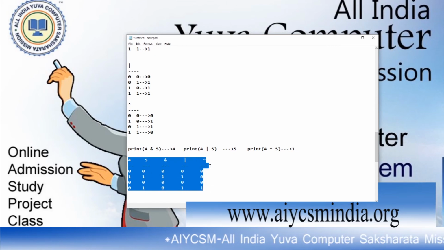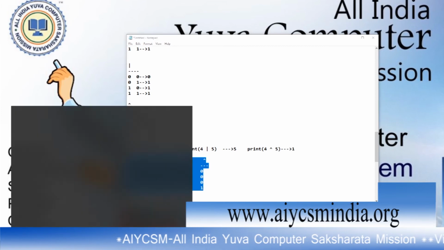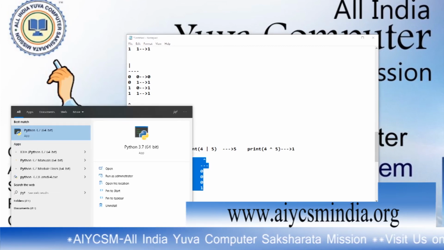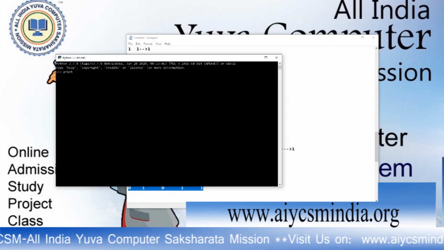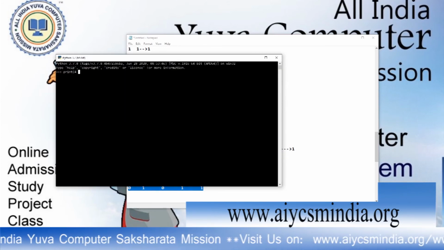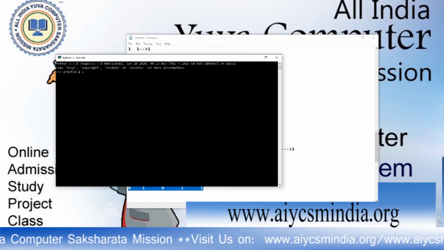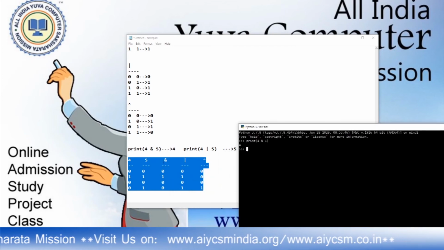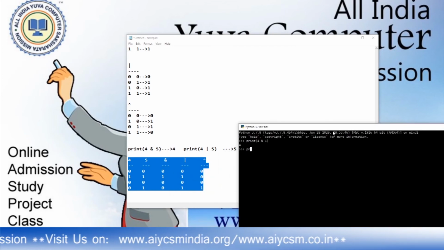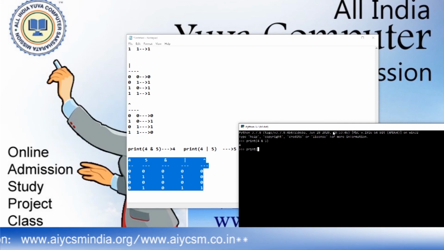This is how we can implement the bitwise operators. If you run it in the Python shell, print 4 and 5, what will be the answer? We know that it is 4. Now print OR, and that is clear now, this is 5.